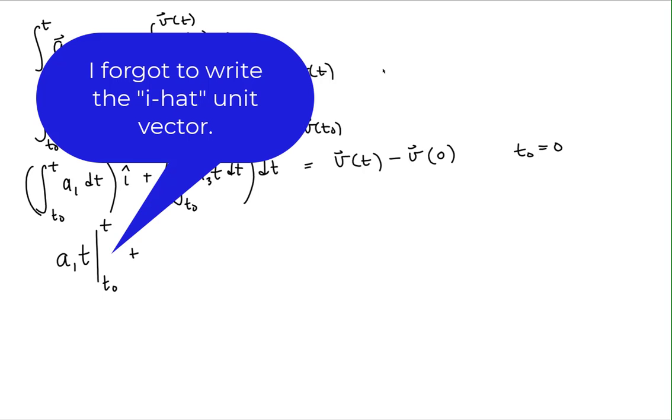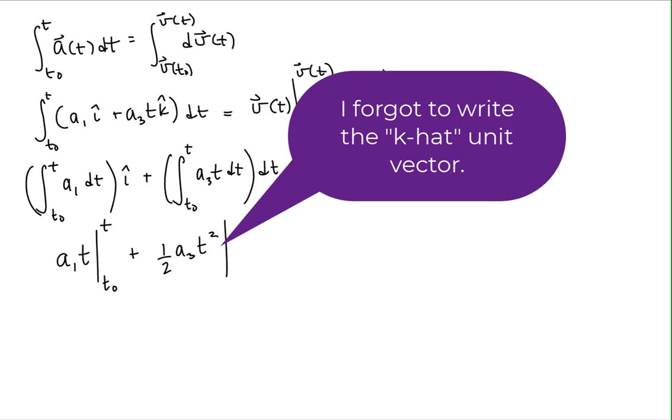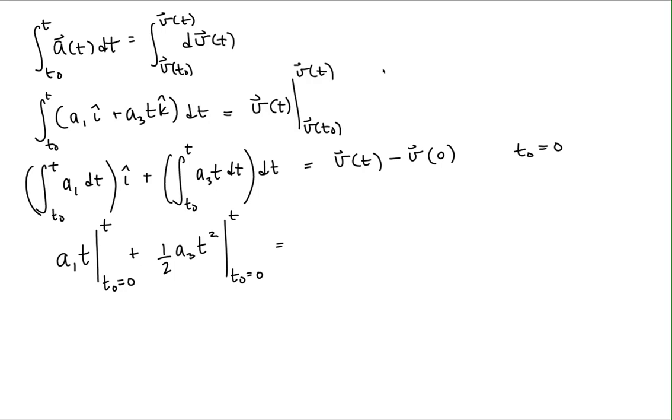The z component is a linear function of time. When we integrate that linear function, we get 1/2 a3 t squared evaluated from t naught to t. And remember, t naught is equal to 0. This is equal to our velocity as a function of time, which is what we're looking for, minus our initial velocity, which is v3 k hat.